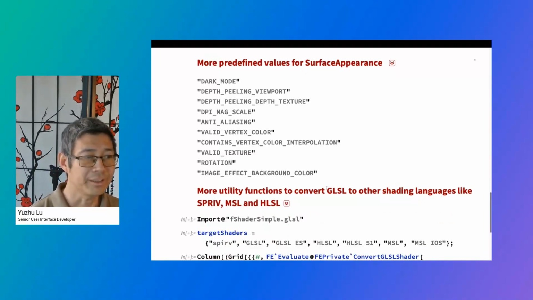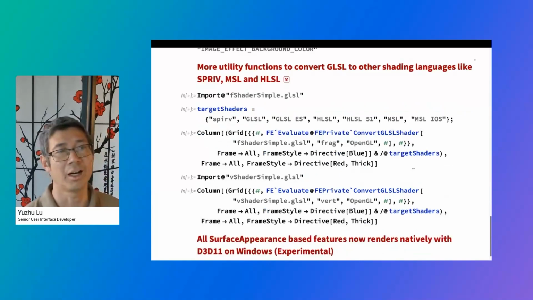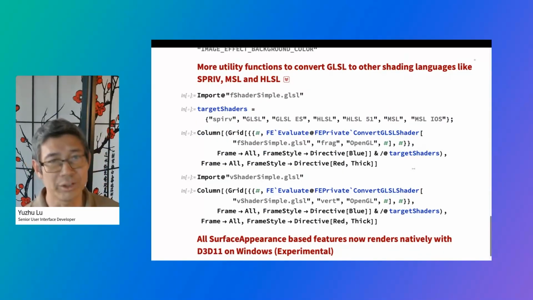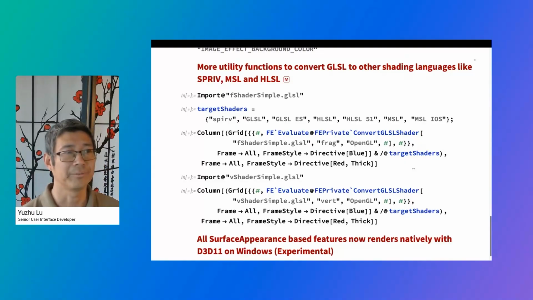And very recently, we also added utility functions to allow users and developers to convert GLSL to other shading languages like SPIR-V, Metal Shading Language, and HLSL for DX.